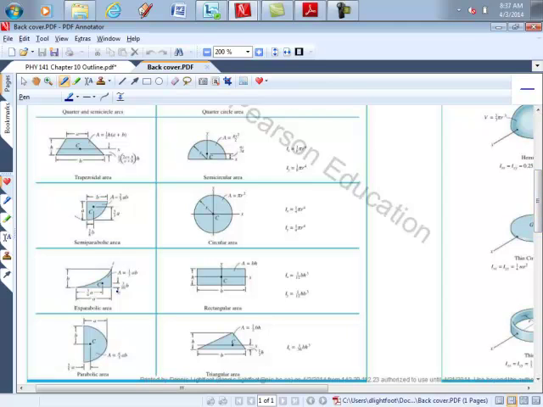All of them have formulas for calculating the centroids, which we discussed earlier, and they also have formulas for calculating the moment of inertia on many of them. I don't see a moment of inertia calculation for these parabolic areas, but there are for the circular areas, the half circular areas, the quarter circular areas, the rectangle, and the triangle.